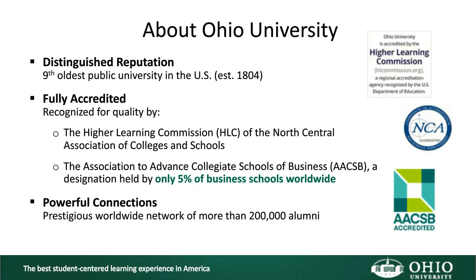The university is fully accredited and recognized for quality by the Higher Learning Commission's North Central Association of Colleges and Schools, and the College of Business itself, housing the online MBA program, is accredited by the Association to Advance Collegiate Schools of Business, better known as the AACSB. This designation is held only by the top 5% of business schools worldwide.